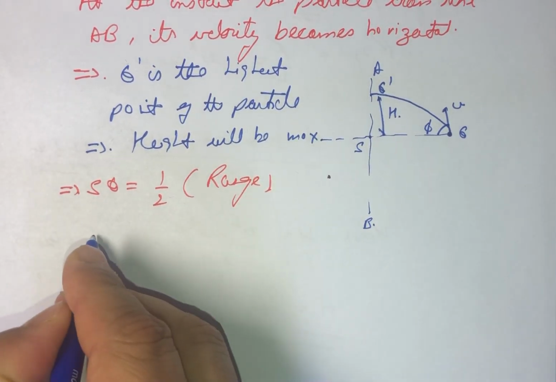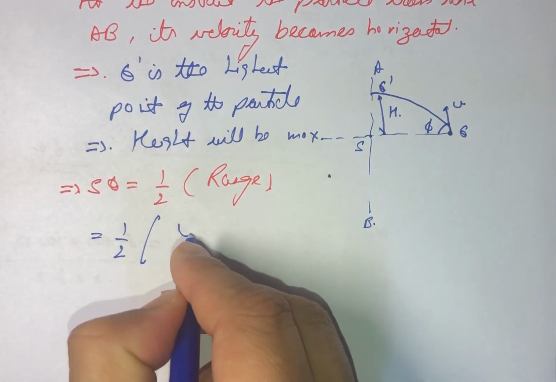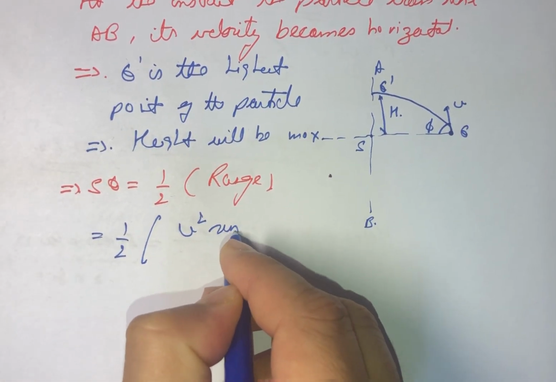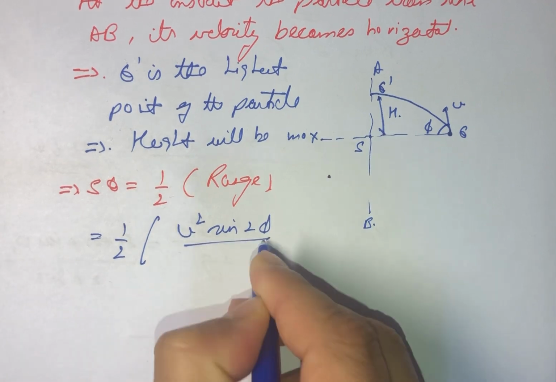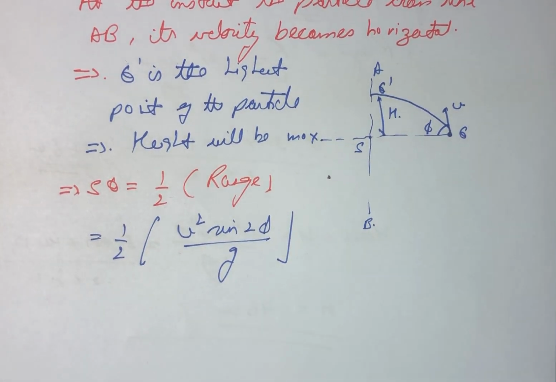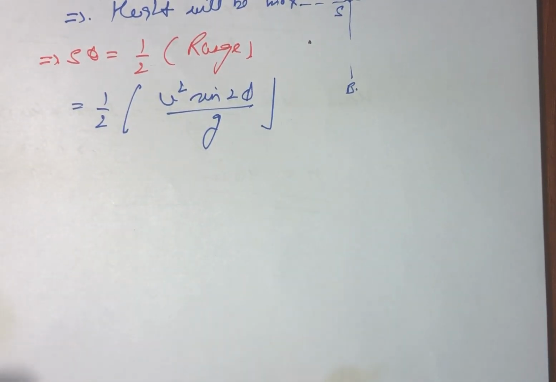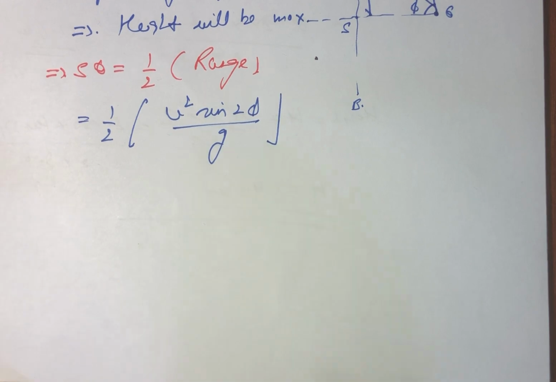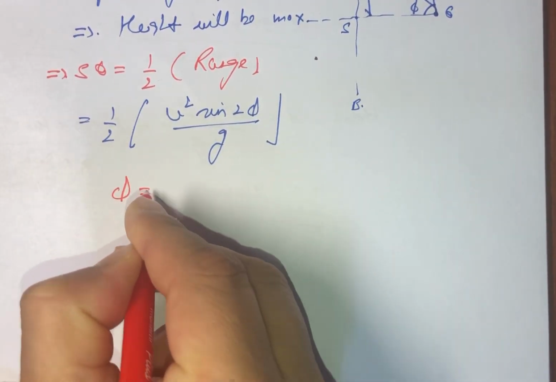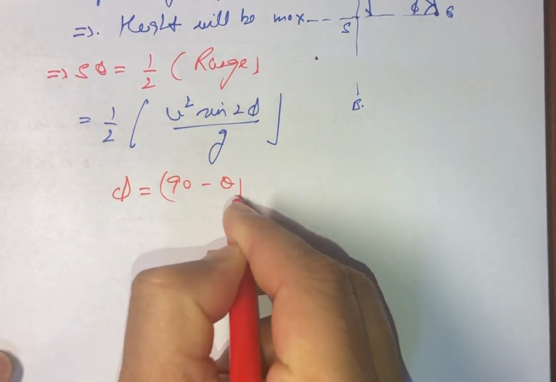We already know the formula for the range, which we can put here. So this will equal half v square sine of 2 phi divided by g, and we already know that phi is equal to 90 minus theta.